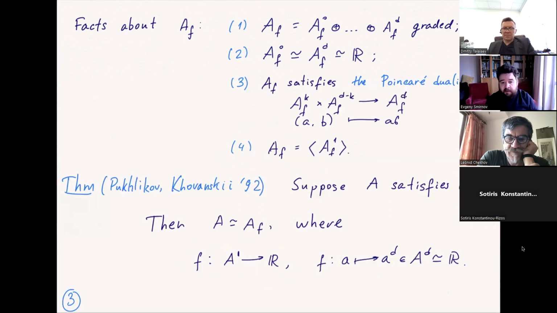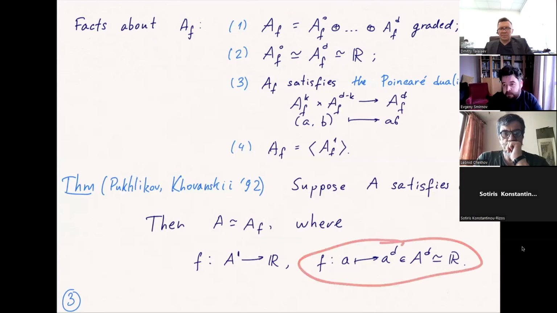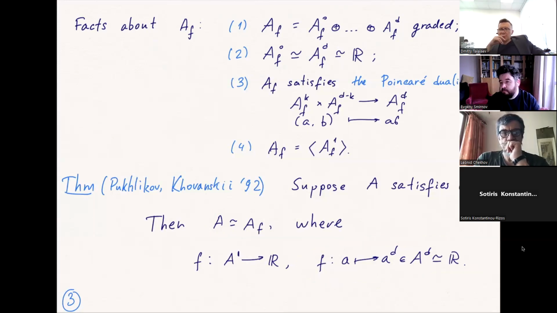So the statement is as follows: there exists an F such that A is isomorphic to A sub F, namely differential operators modulo the annihilator of F. And for F, you can take this polynomial. I'm just thinking that if we just take arbitrary polynomials, then A sub F in degree 1 is basically full dimensional, right? Or not?